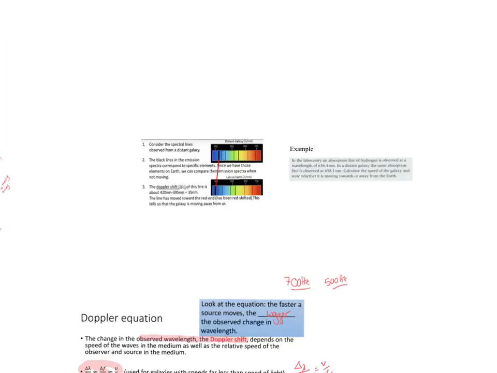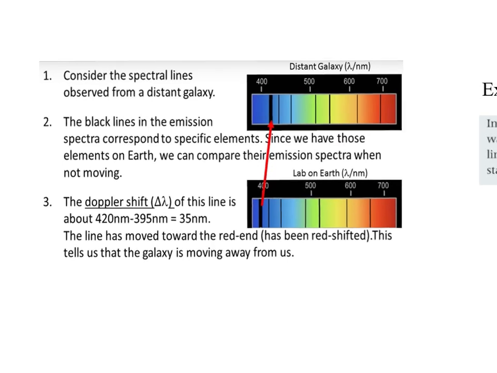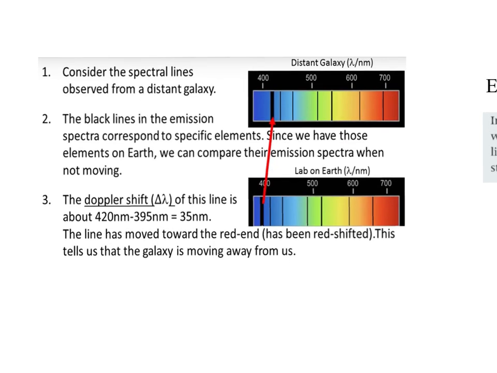Okay, so if we go to this one quickly. You can see the spectral lines observed from a distant galaxy. The black lines in the absorption spectra correspond to specific elements.